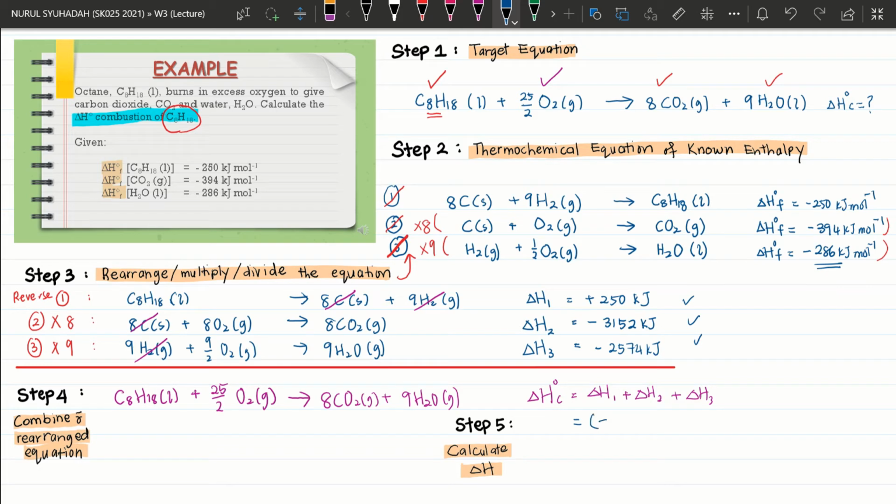It will be positive 250 plus negative 3152 plus negative 2574. And remember, the final answer, we want to find delta H not carbon. Make sure that you write this down correctly. It's subscript, and then you will get the answer as negative 5476.